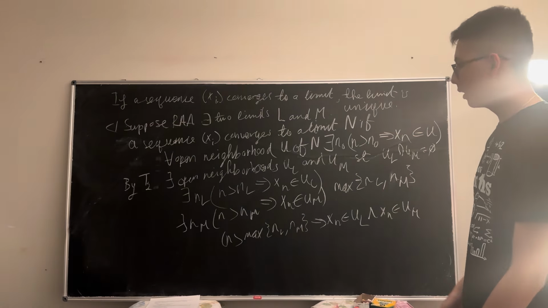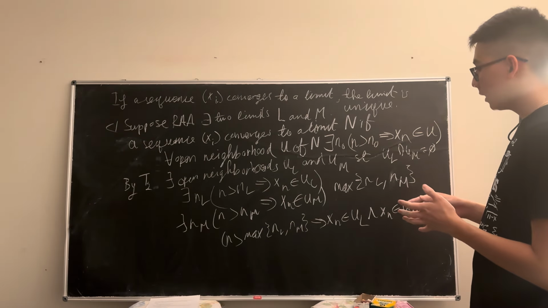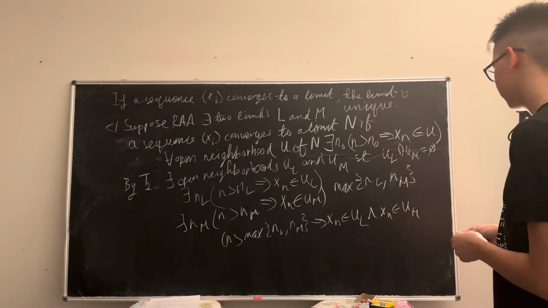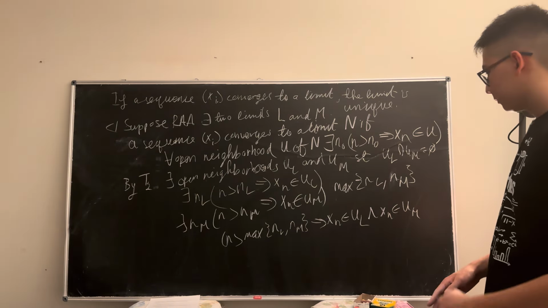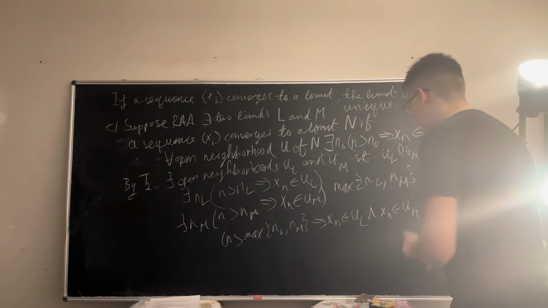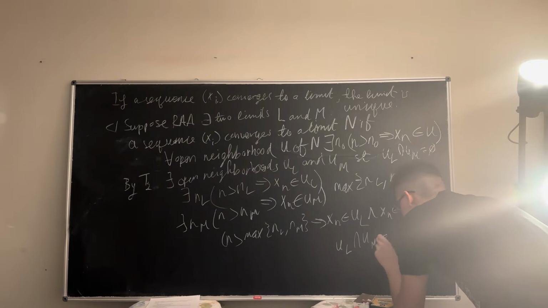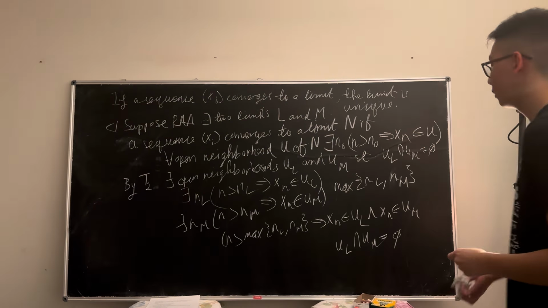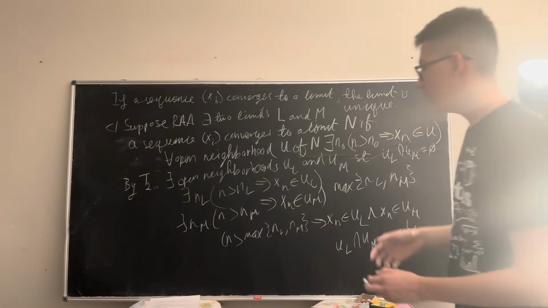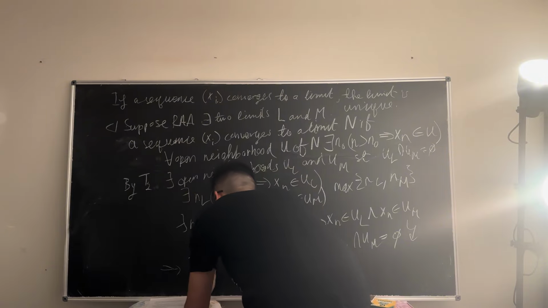Because we pick the bigger one of the two, it will obviously hold for the smaller one. Now, U_L and U_M are disjoint, which is a contradiction. Which means that there is a unique limit.